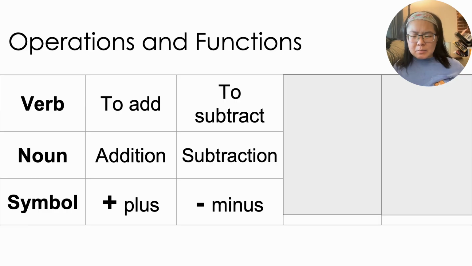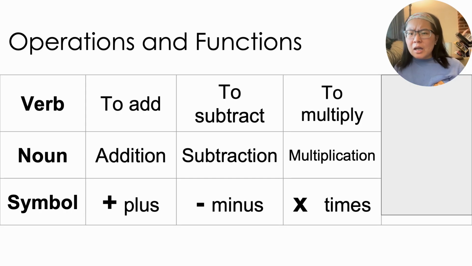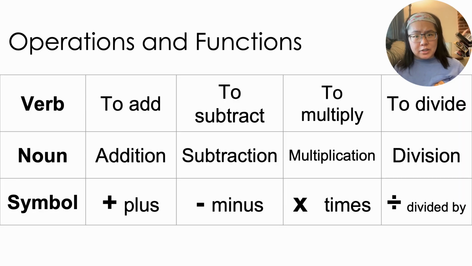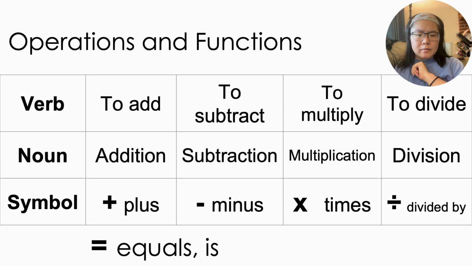It's also the same symbol as a hyphen on your keyboard, if you're familiar with that. The other operations and functions that we'll talk about: multiplication and division, but those will be other videos. And our important equals sign. When you see equals, you can also say the word is. That's okay most of the time.